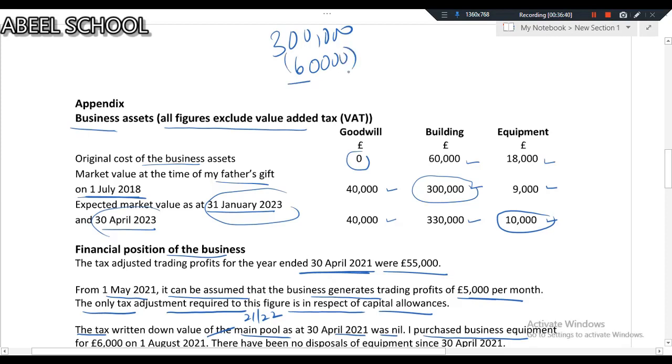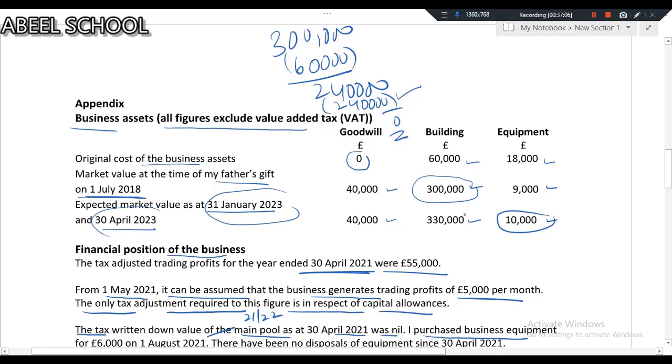So there was a capital gain of 240. And it is written in the question they have claimed the gift relief. Claiming the gift relief means father did not pay any tax and the base cost for the ZT was 60,000.